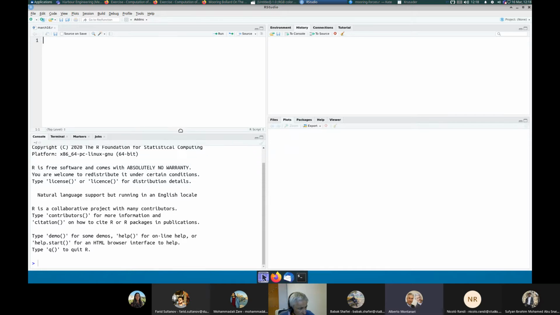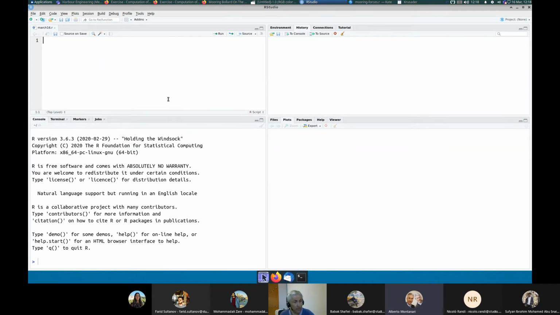And let me give more room to the console. Very good. Okay, so we are ready to cut and paste our exercise into RStudio, into the script rather than directly on the console. Why am I doing this? Because I want to save in a script everything I am doing.